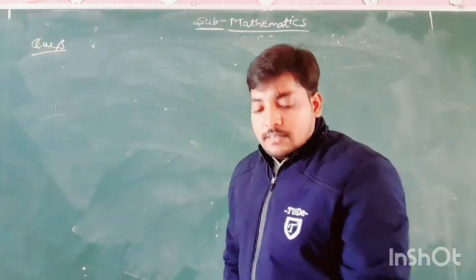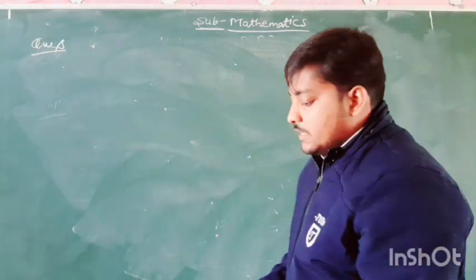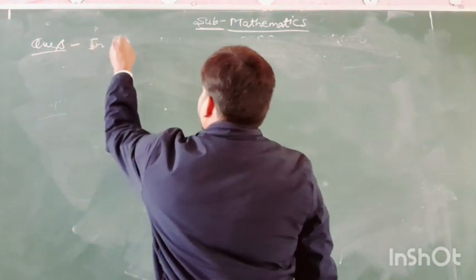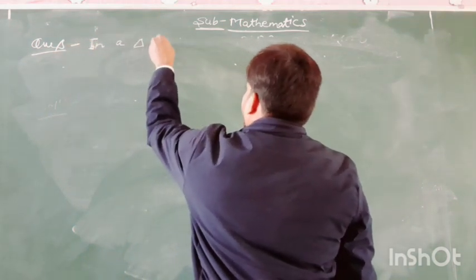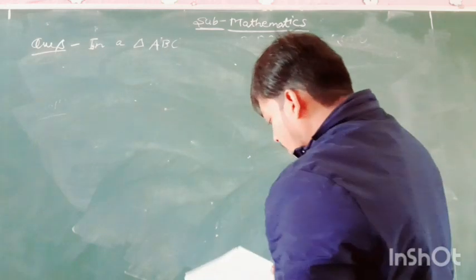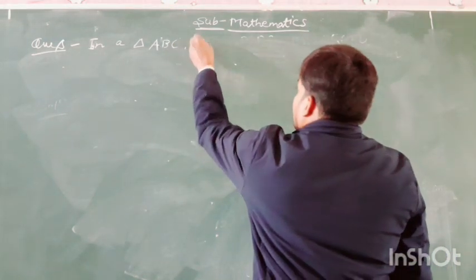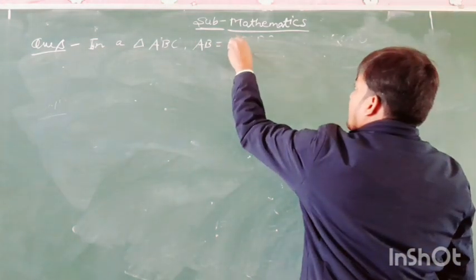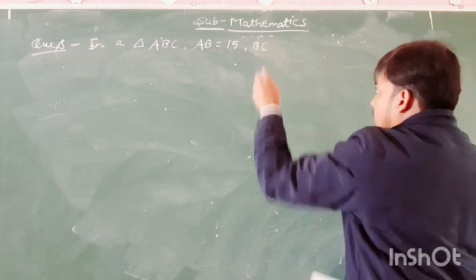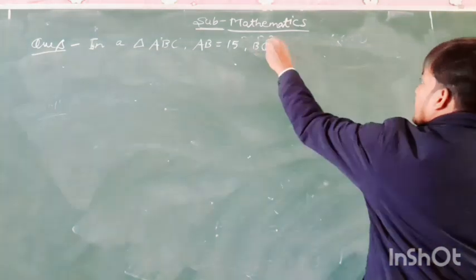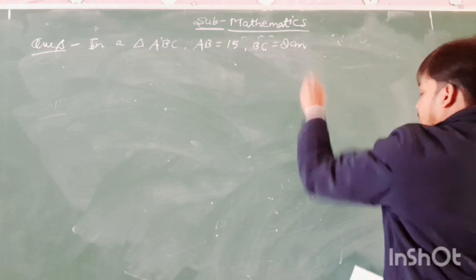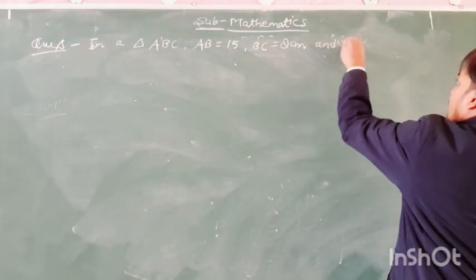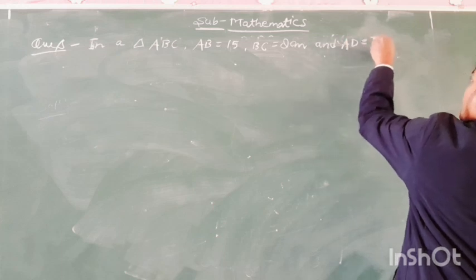related to the triangle. In a triangle ABC, question is, in a triangle ABC, the measure of AB, which is equal to 15 centimeter, the measure of BC, which is equal to 8 centimeter, and the measure of AD is equal to 7.5 centimeter.